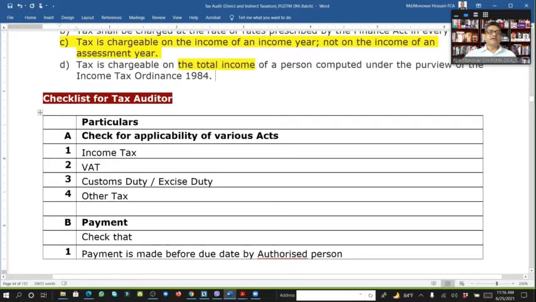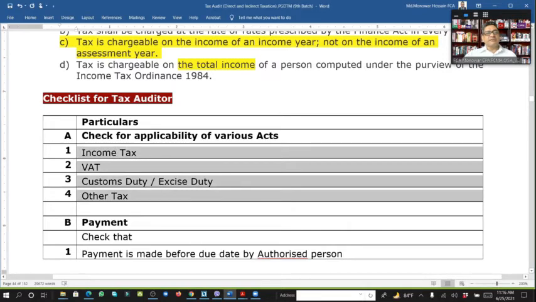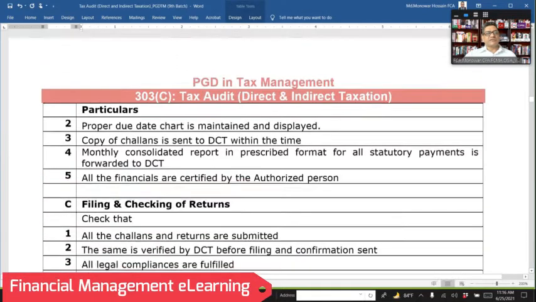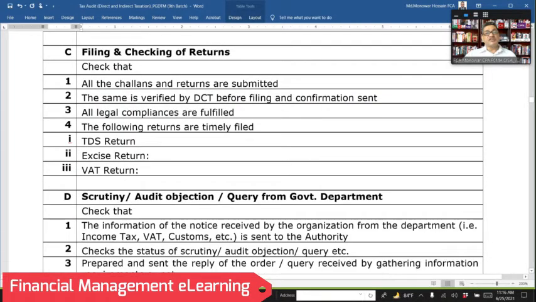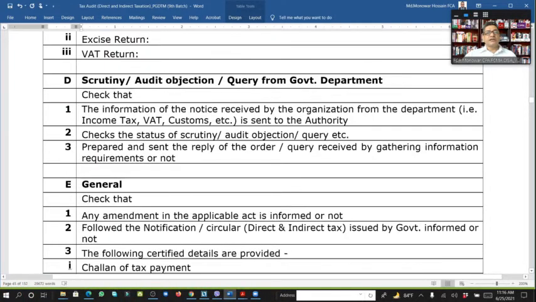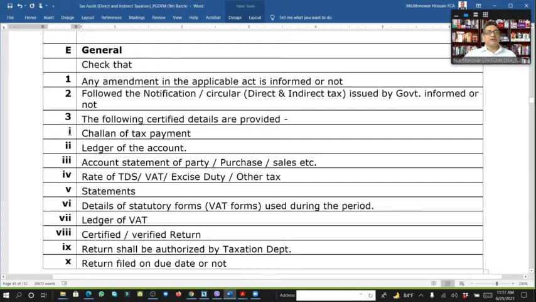So here is some checklist for the auditor. We have different types of checklists, for individuals and also for companies.